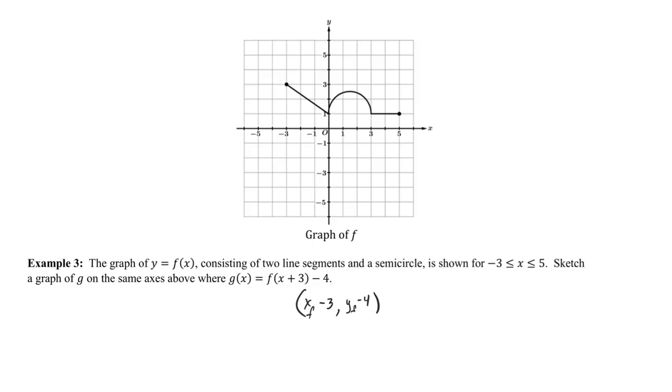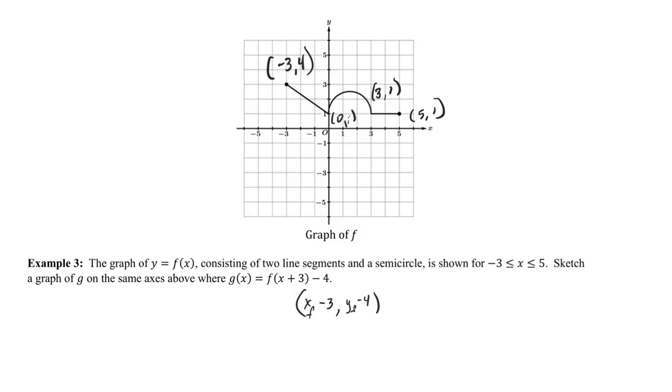So what is this first point right here? That is negative 3 comma 4, right? What about this next one? 0 comma 1. We'll do this one, the next one, 3 comma 1, and then 5 comma 1. I'm going to take all of those and I'm going to shift them, right?